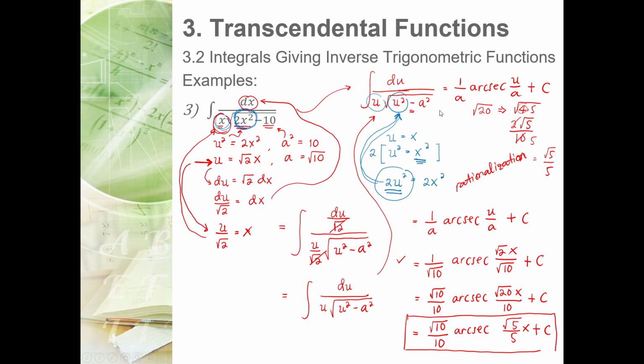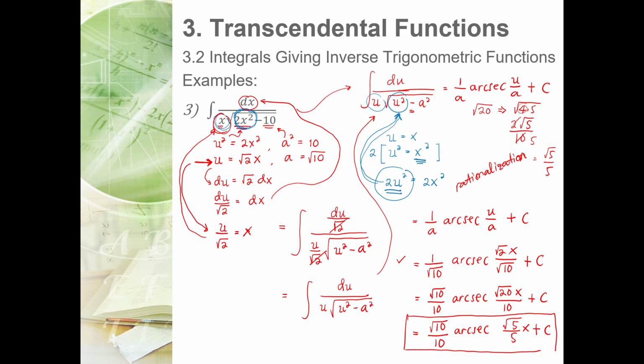So I think there's no question. Okay, I hope you understood the inverse trig function. Again, the important process here is for you to follow the format given in the inverse trig formulas.